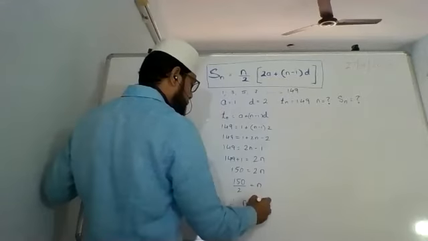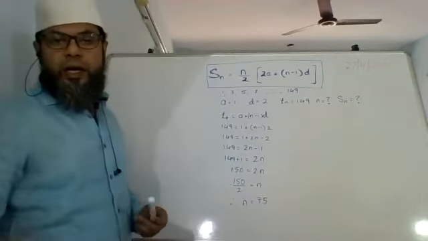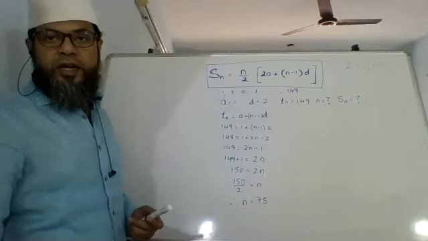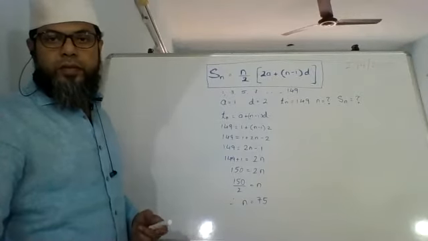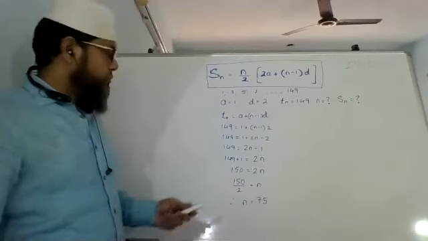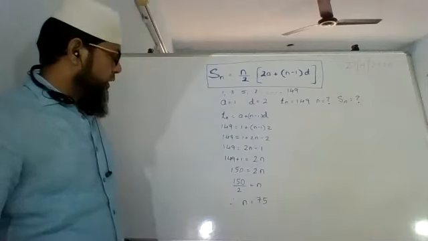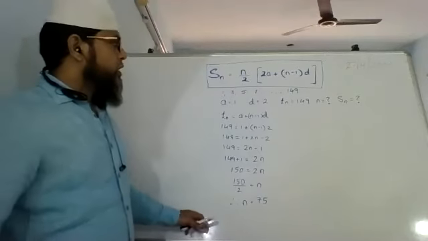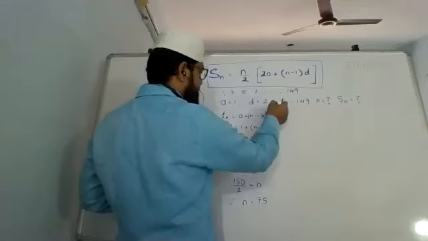Therefore, n equals 75. Till here, are we clear? So this part is addressed, n equals 75.